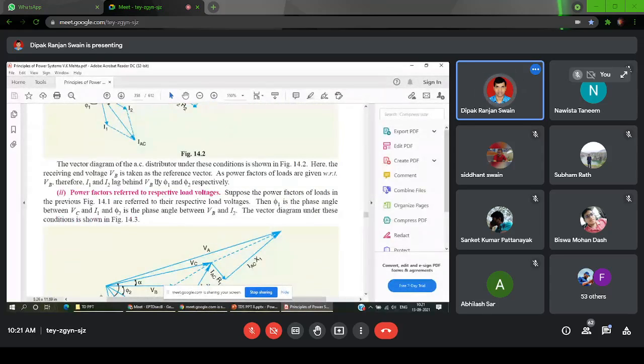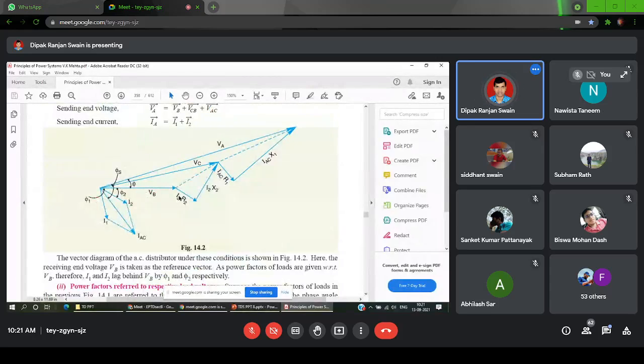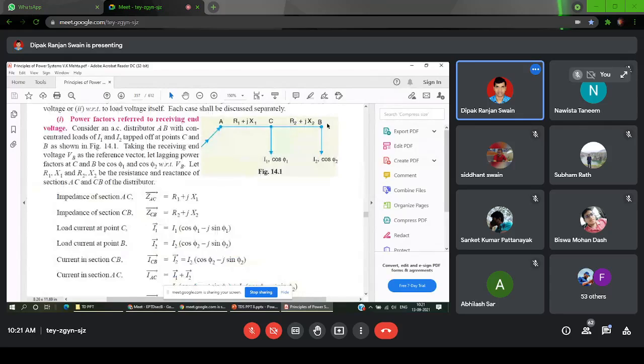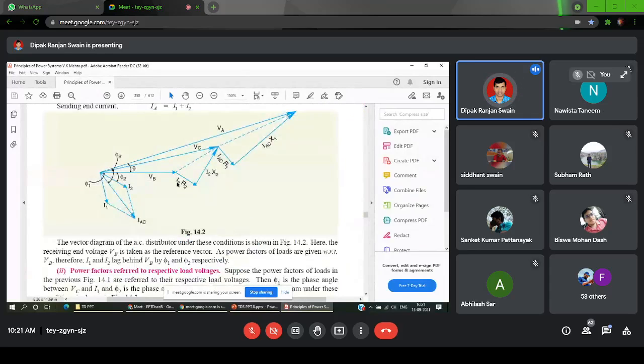Now VB plus I2 R2 plus j I2 X2, because it has the R plus jX form. So VB plus this drop is equal to VC, and VC plus this drop is equal to VA. The phasor diagram will represent it in the same manner. VB plus I2 R2 plus j I2 X2 will give you VC.